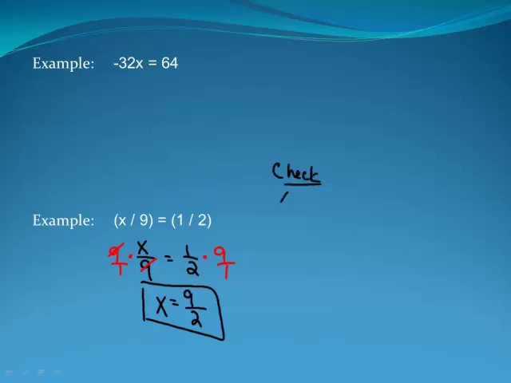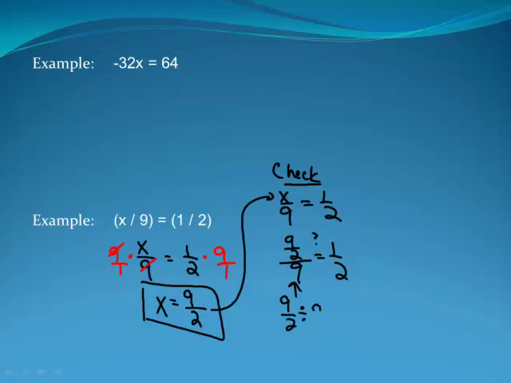We've got x over 9 should be equal to 1/2 when we let x be equal to 9/2. So that would give us here 9/2 divided by 9, we think, should be equal to 1/2. Let's look at this right here. 9/2 divided by 9 could be written in horizontal form.